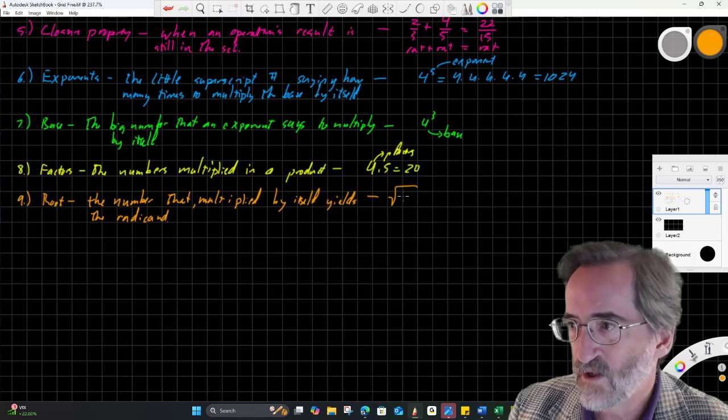The square root of 25 is 5. 5 is called the root.